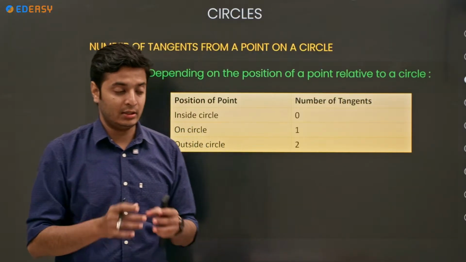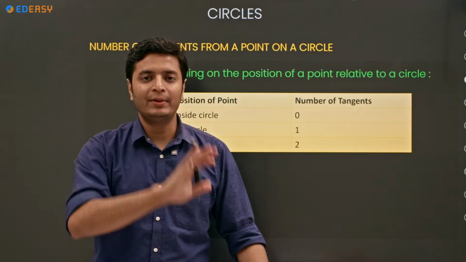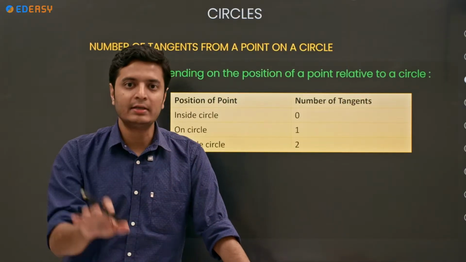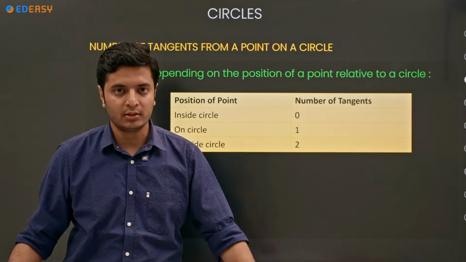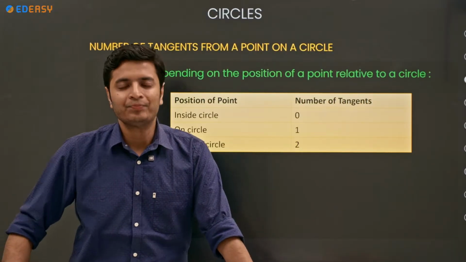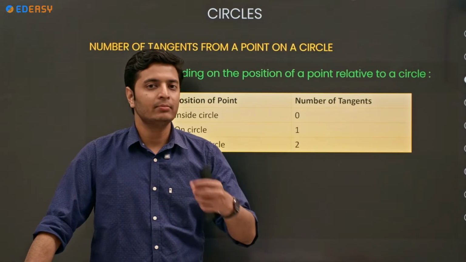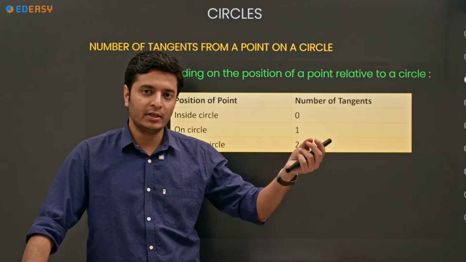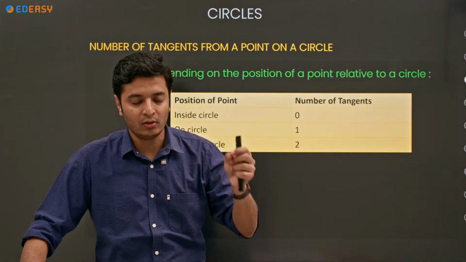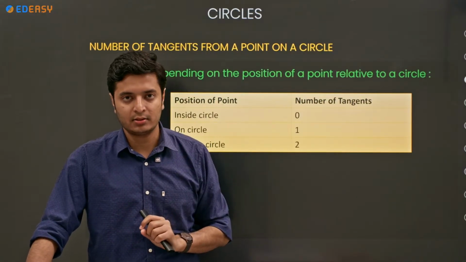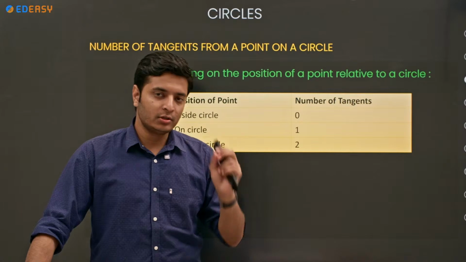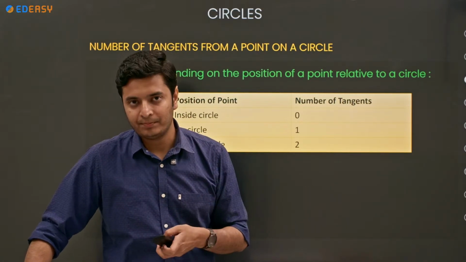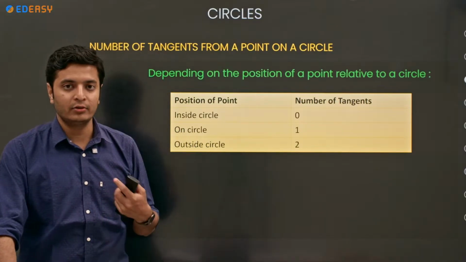As I told you, a circle can divide a plane in three parts: the inside of the circle itself, the circle, and the outer of the circle, or the outside of the circle. Now a point can lie in any of these three. It can be outside, it can be on the circle, or it can be inside the circle. Depending on the position of this point that we are considering, how many tangents can there be? This is the relationship that we are going to discover now.